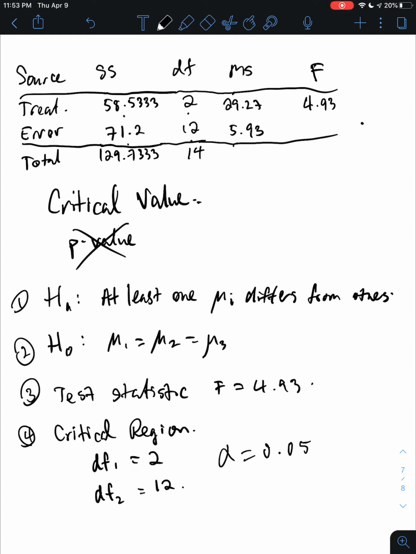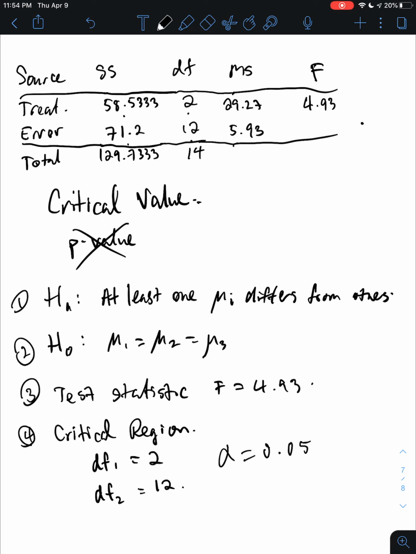So you'll see that each row of this table is divided into 5 sub-rows corresponding to our commonly used values for alpha. Alpha is 10%, 5%, 2.5%, 1%, or 0.5%. So we've chosen alpha is 5%. So the correct number, and you should be able to find this on your table, is 3.89.